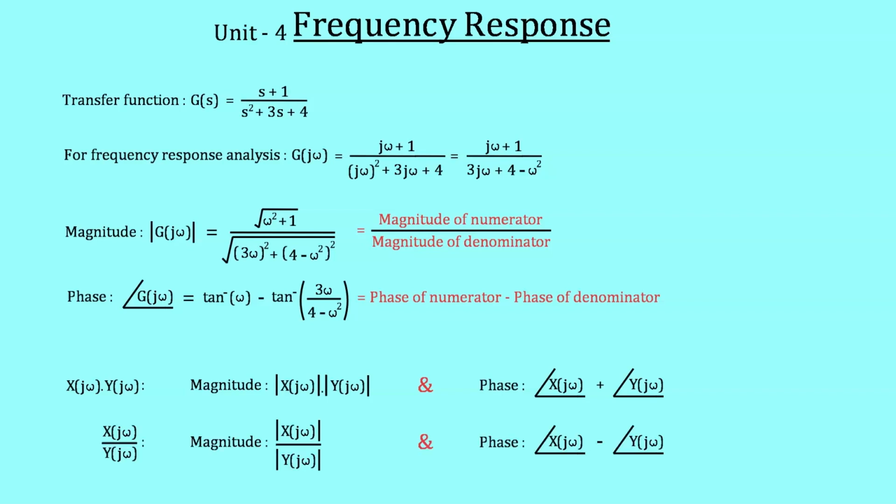Similarly, if the signal X(j omega) is divided by Y(j omega), then the resultant magnitude will be equal to the magnitude of X(j omega) divided by the magnitude of Y(j omega), and the resultant phase will be equal to the phase of X signal minus the phase of Y signal. These are the basic properties which you might already know and will be used quite frequently.